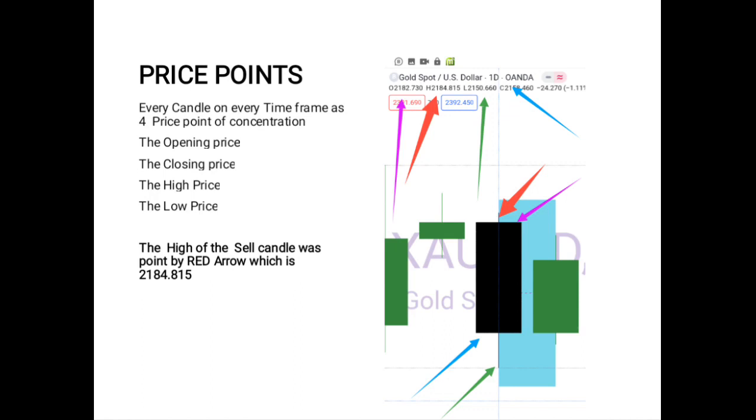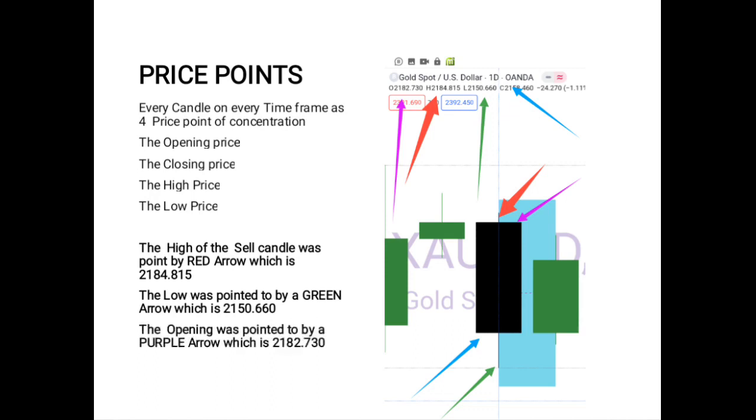The second arrow here as well points to the highest point of that candle. Then the low of the candle, which was pointed to by the green arrow, this is the low here, and the digit was 2150.660. The high was the red, the low was the green.